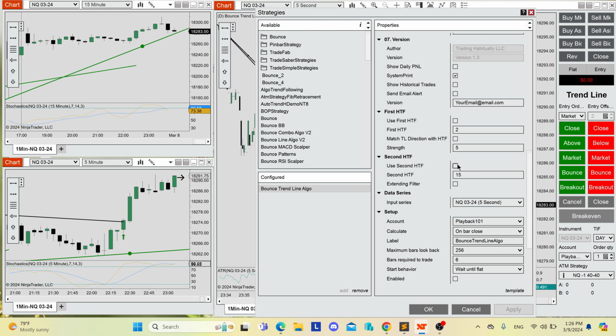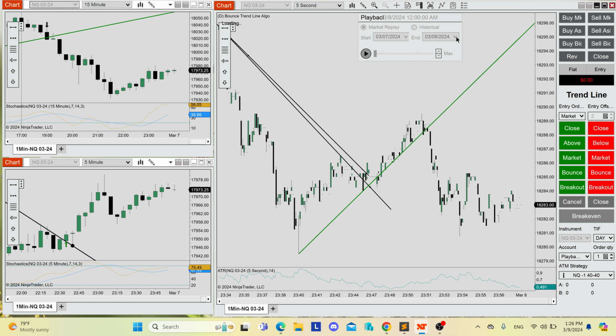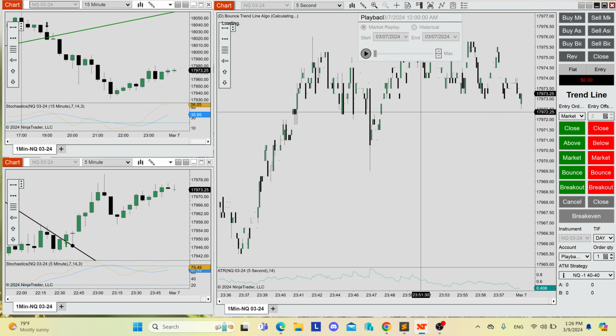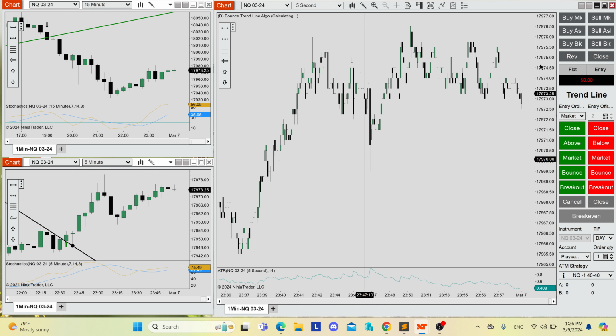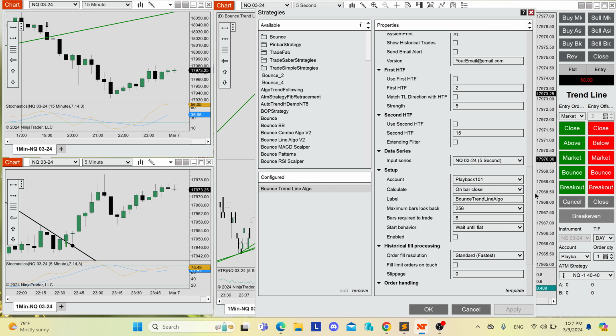Now this second HTF is what I've included after March 7th, where we had a straight up day. Let me just run this. Let me deselect all these filters.